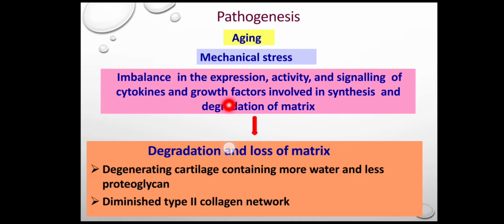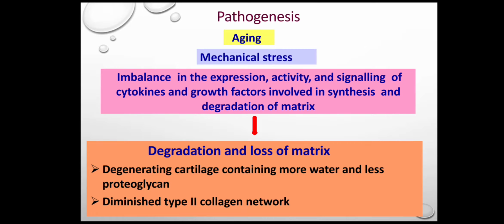All these, because of aging and mechanical stress, will lead to imbalance in the synthesis and degradation of the matrix. So finally, in the late stage, there will be degeneration of the cartilage containing more water and less proteoglycan.